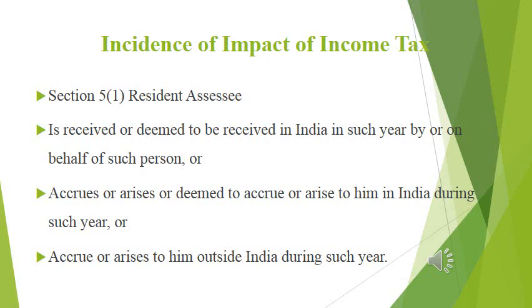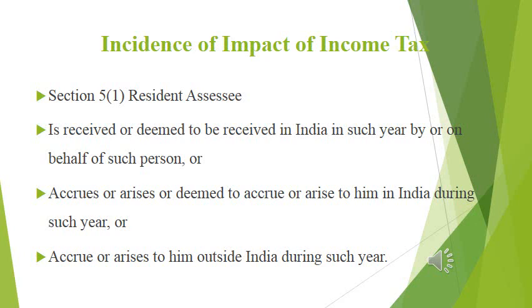It's very simple. Received or deemed to be received in India is the first category of income which is taxable when the residential status is resident. Clear? And another one, that is income accrues. No need of receipt. Income accrues or arises or is deemed to accrue or arise.